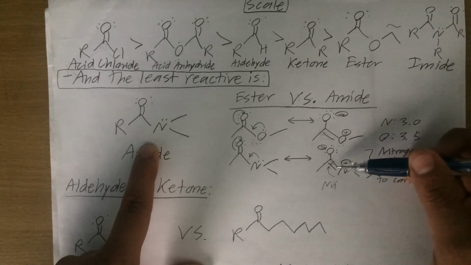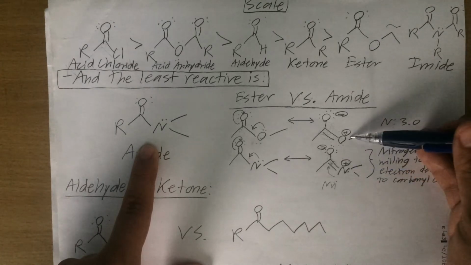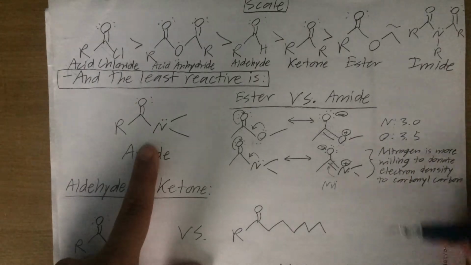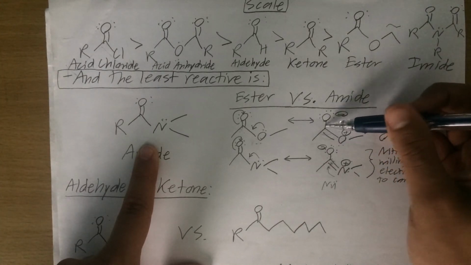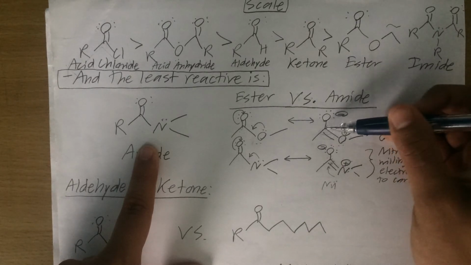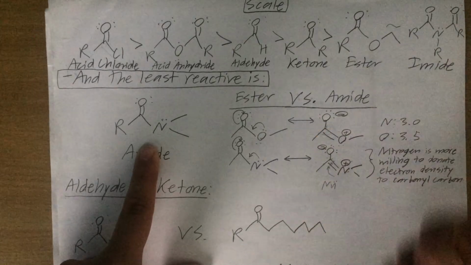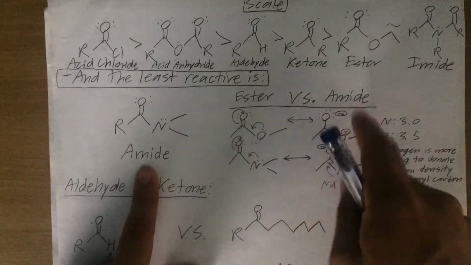It's like, okay, fine, I can give some of my electron density to the carbonyl carbon, I don't care that much. But for the ester, this oxygen over here doesn't really want that positive charge, so it's going to want this electron density back. So as a result, this carbonyl carbon is going to be more electrophilic and more partially positive than the carbonyl carbon of the amide. That's why the ester is more reactive than the amide.